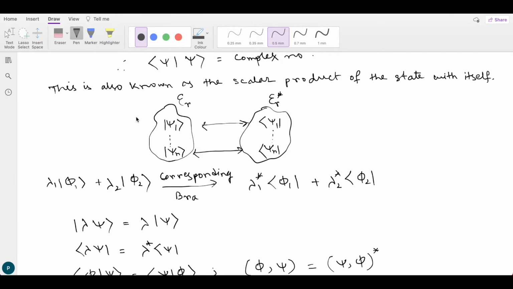If the state space is, let's say, 3-dimensional, we have 3 independent states, and similarly the dual space would also have 3 independent states corresponding to those 3 kets in the state space.